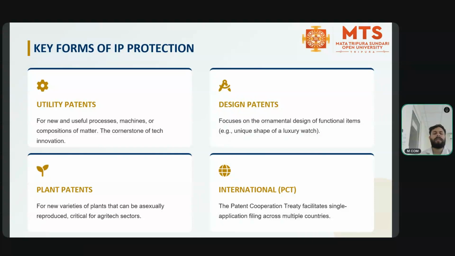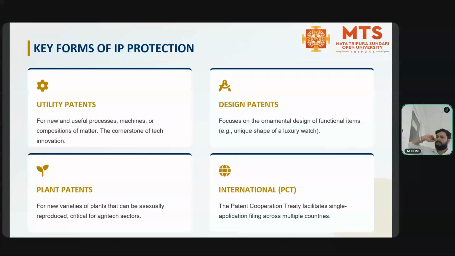Plant patents are for new varieties of plants that can be grown asexually, in the agri-tech sector, in a controlled environment, or some medicinal plants that have not been discovered or unearthed before.